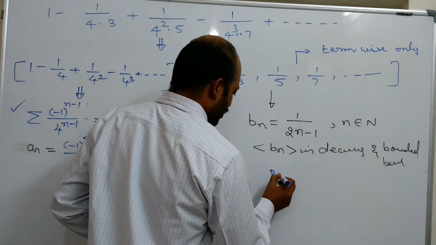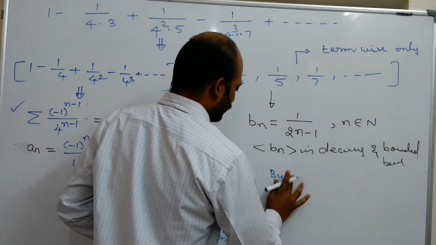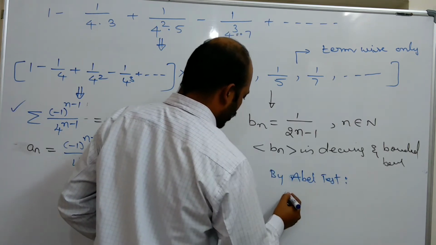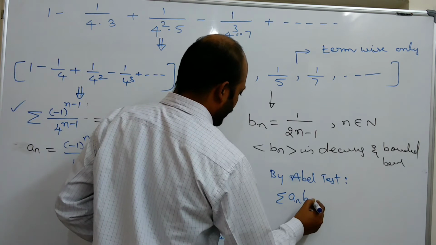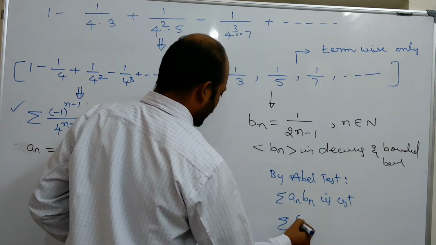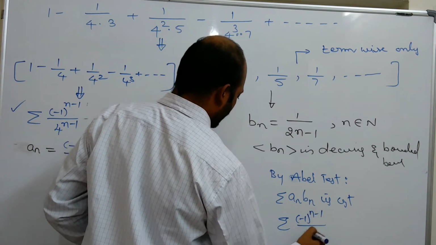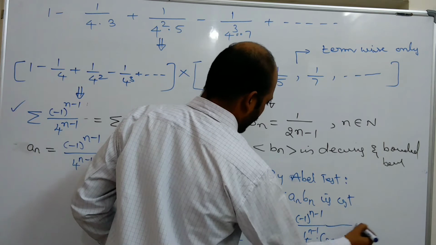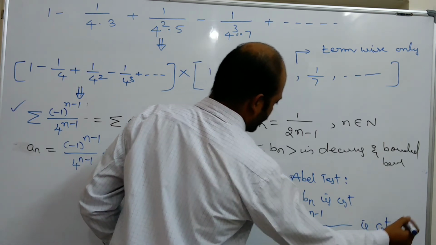By applying Abel's test, we conclude that summation an bn is convergent. Therefore, the given series (minus 1)^(n minus 1) divided by 4^(n minus 1) into (2n minus 1) is a convergent series.